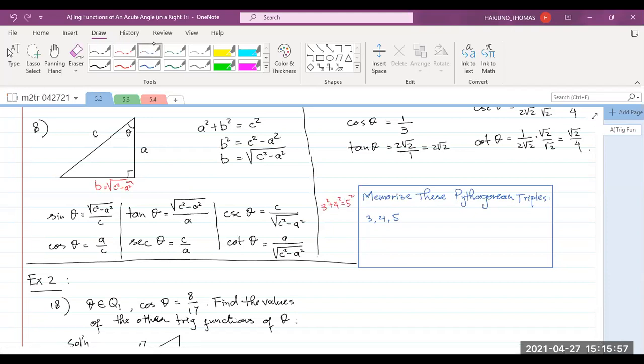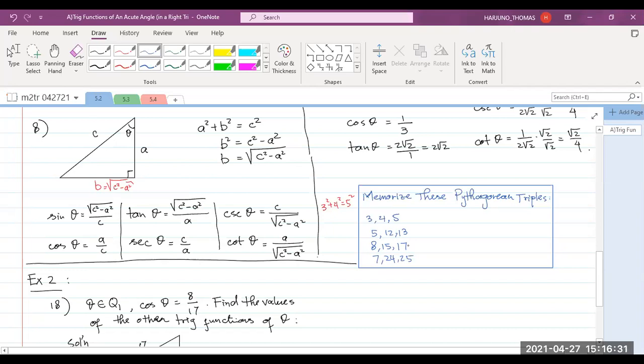Okay, now, other Pythagorean triplets you should memorize are 8, 15, 17, and then 5, 12, 13, and then 7, 24, 25.